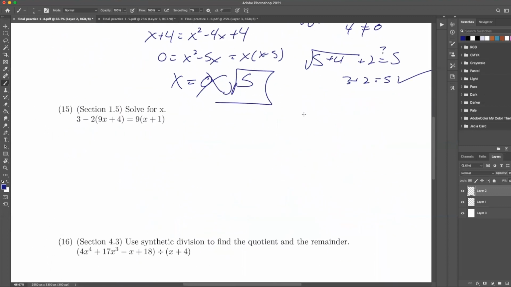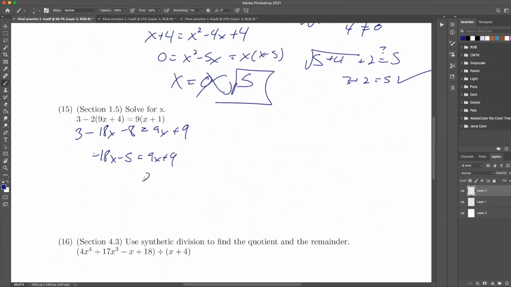For this one, it's just order of operations. So here I'm going to do 3, I'm going to move in the minus 2. So I'm going to have minus 18x minus 8 equals 9x plus 9. Here we'll just collect all the like terms. So I'll move all the x's to one side, all the constants to another. So I'll have minus 18x minus 5 equals 9x plus 9.